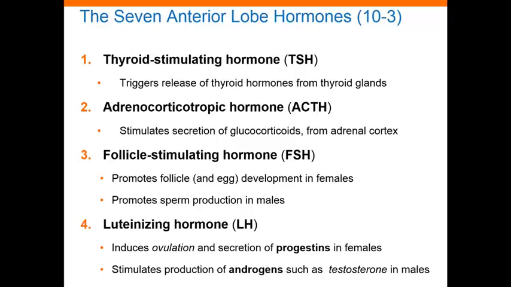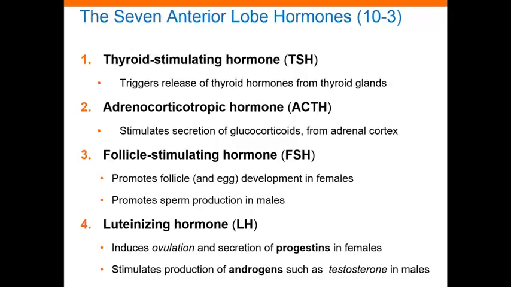The gonadotropins, or sex hormones, are triggered by gonadotropin-releasing hormone, GnRH, from the hypothalamus. The anterior lobe produces 2 gonadotropins, follicle-stimulating hormone, FSH, and luteinizing hormone, LH.